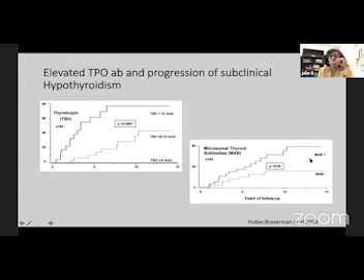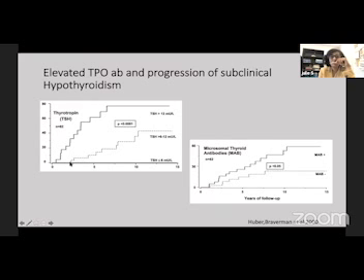So if the patient has subclinical hypothyroidism, what's the rate of progression to hypothyroidism when they have positive antibody titers or when they have elevated TSH levels? So if you notice, there is a distinct difference between these two graphs here.